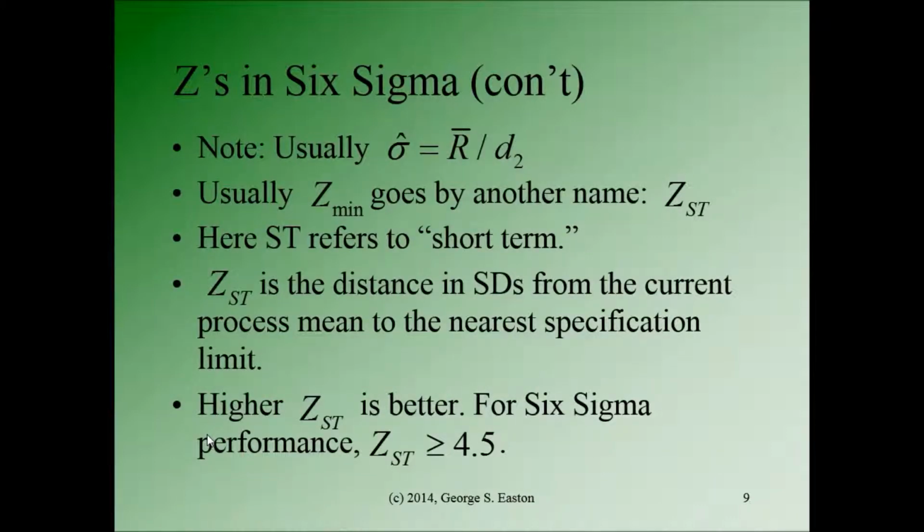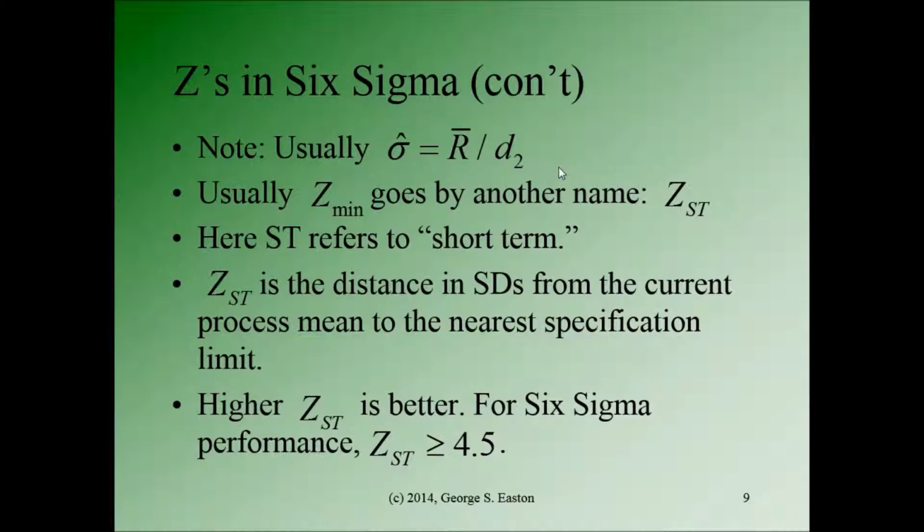Now, in estimating these Z's, the usual estimate of the process standard deviation is to compute R-bar over d2. Here, R-bar is the average of subgroup ranges, and d2 is the appropriate constant taken from the table of SPC constants.